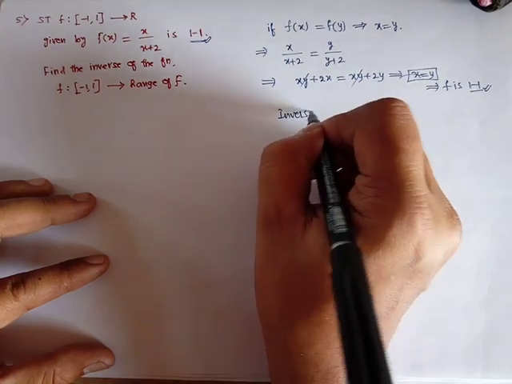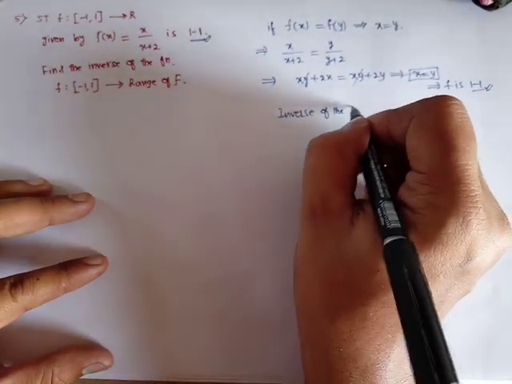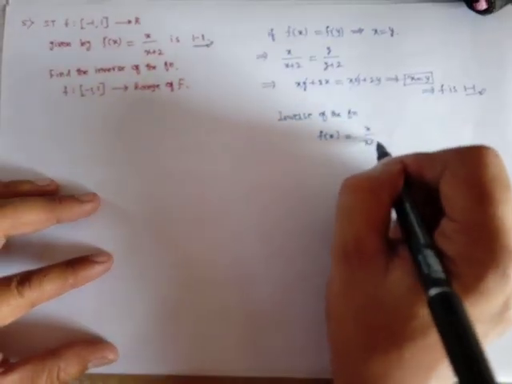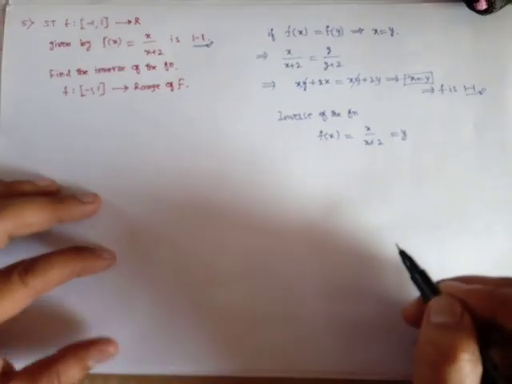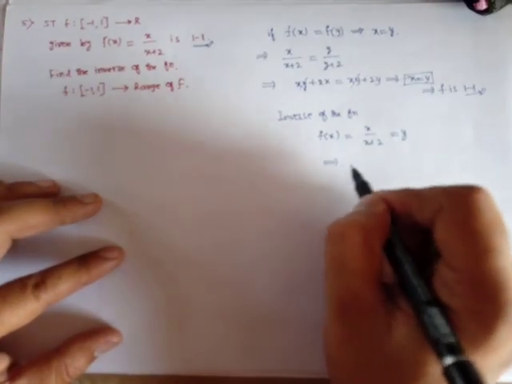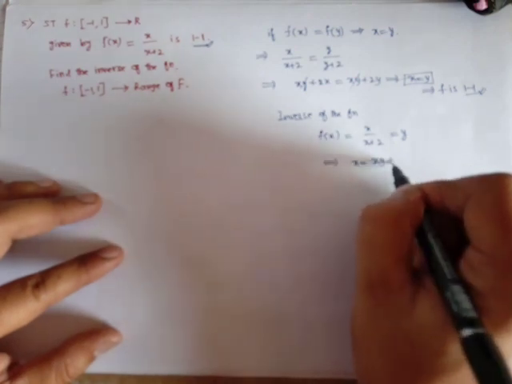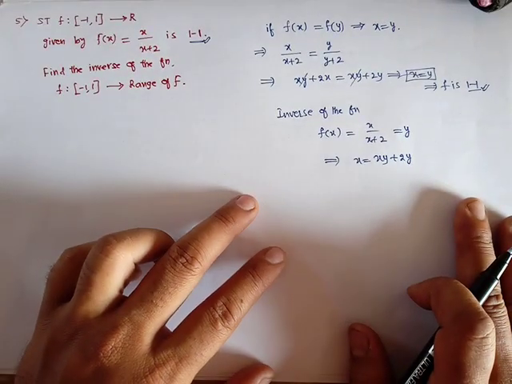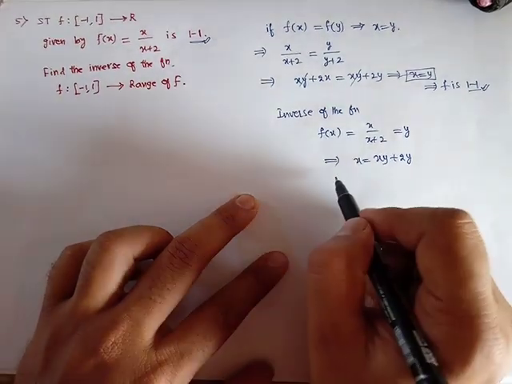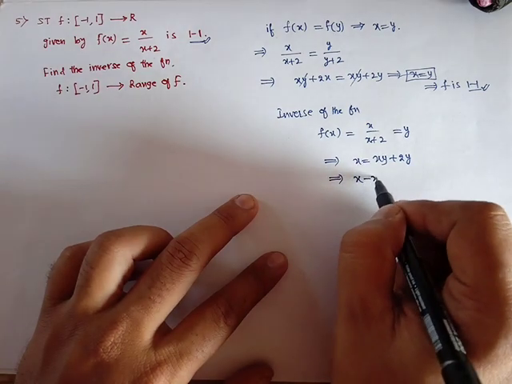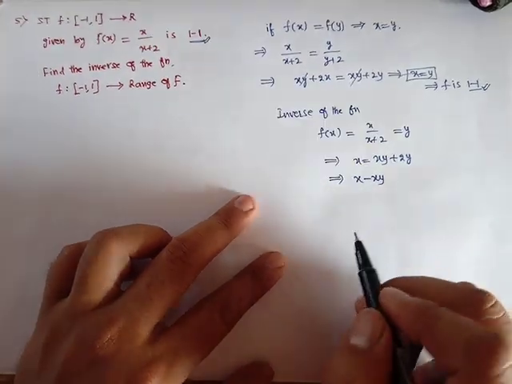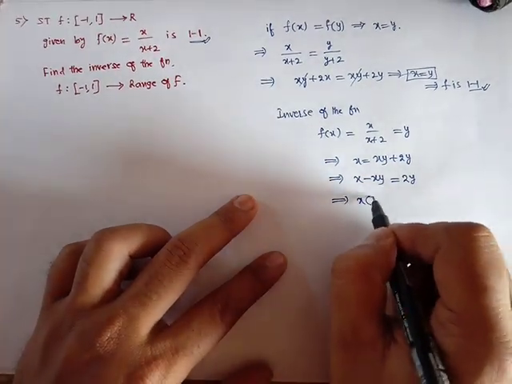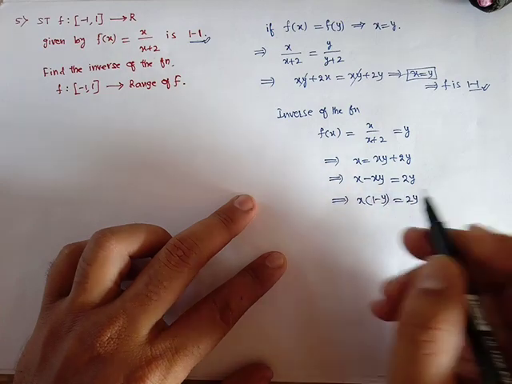So the inverse of the function f(x) = x/(x+2). Now you make it equal to y, so this implies x = xy + 2y. We are required to write the x term, so sending x terms to one side, x - xy = 2y, and this implies x can be taken out: x(1 - y) = 2y.